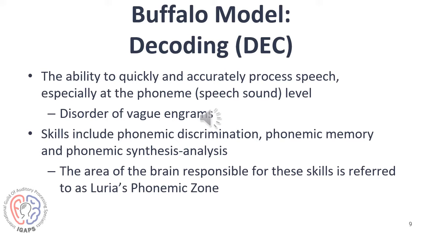Decoding is related to blending speech sounds to form words and also to segmenting words into individual speech sounds. The area of the brain associated with these skills is referred to as Luria's phonemic zone, located in the middle posterior portion of the superior temporal lobe.